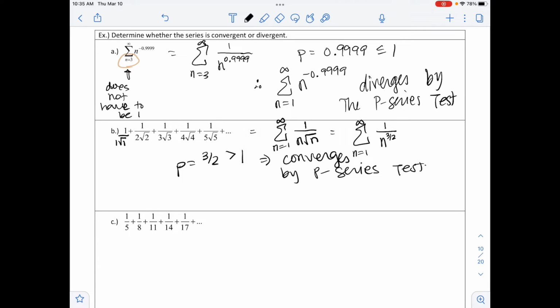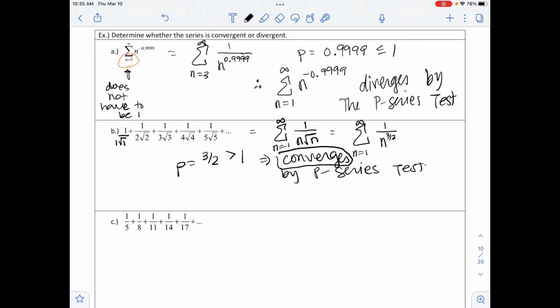And also note that the directions say just to determine whether it converges or diverges. Even if it converges, we do not need to state what it converges to. This test is used not to find that answer, it's just to determine if it's going to be convergent or divergent.